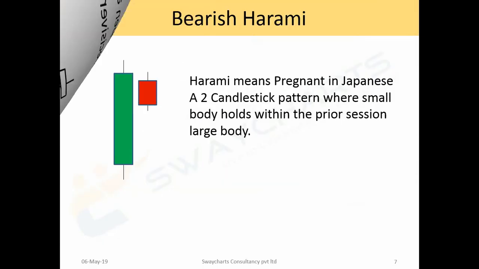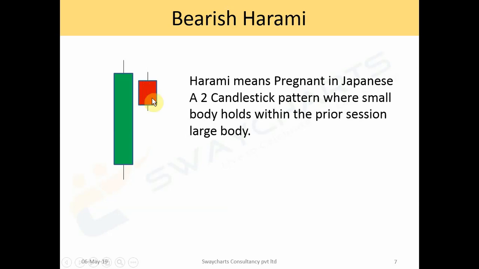Then we move on to the next candle, which is a bearish harami. Now bearish harami means that when there is a good green day and then comes a red candle which is inside, or this color is of no significance, it can be a red, it can be a green.